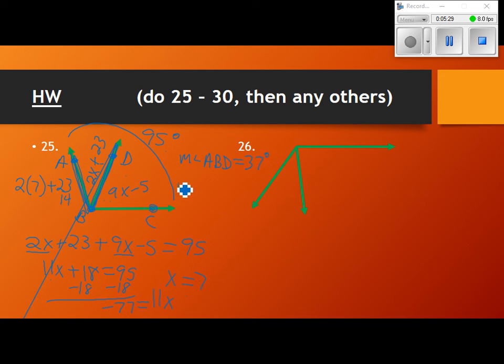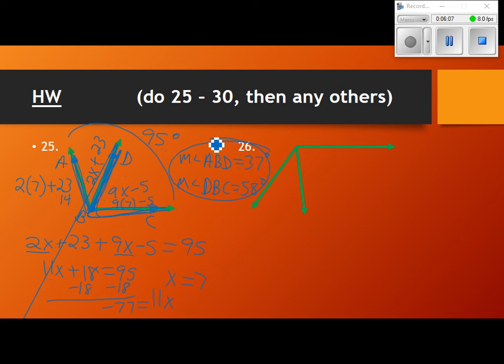Then they tell us to find the measure of angle DBC. DBC is this angle. We could take 95 minus 37, or plug in the 7 right here and put 9 times 7 minus 5. 9 times 7 is 63, and 63 minus 5 is 58. Those two better add up to 95 together, which I think they did.